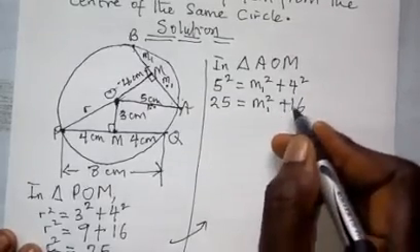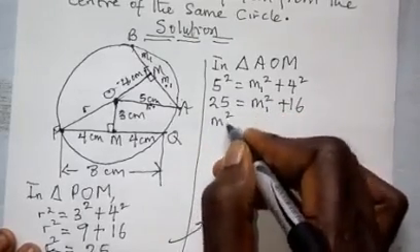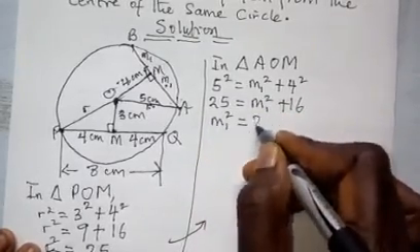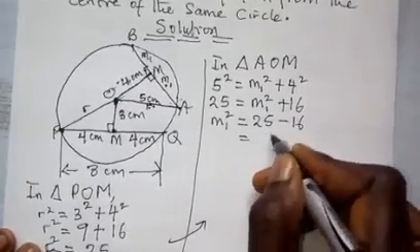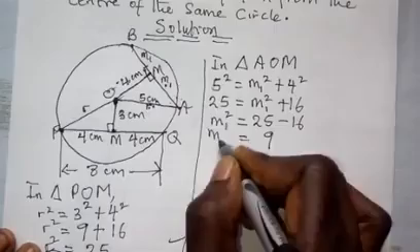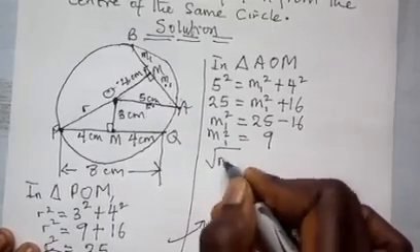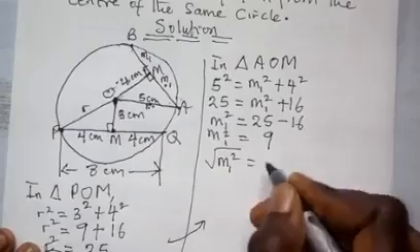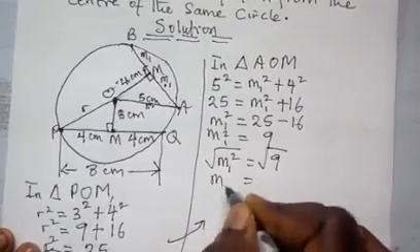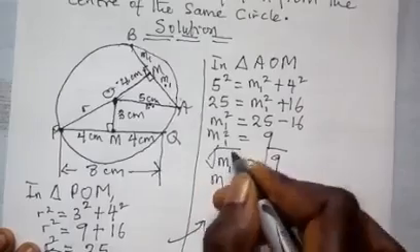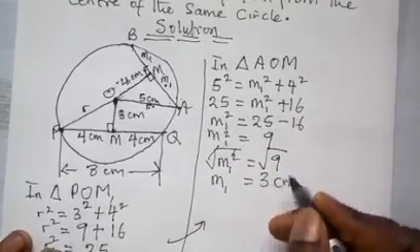Now if you collect like terms by setting 16 to the left side, our M1 squared will become 25 minus 16, and 25 minus 16 will give us 9. That is, M1 squared is 9. Then we can take the square root of M1 squared and the square root of 9, and that will give us M1 as 3 centimeters. Square root of 9 will give us 3 centimeters.